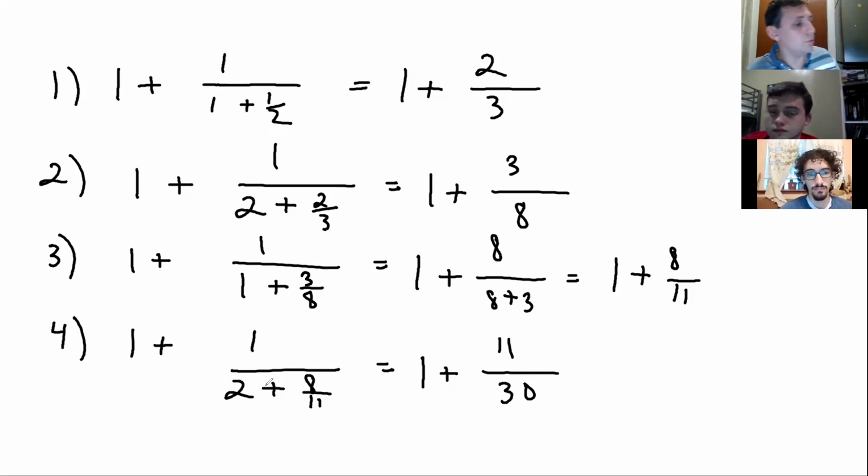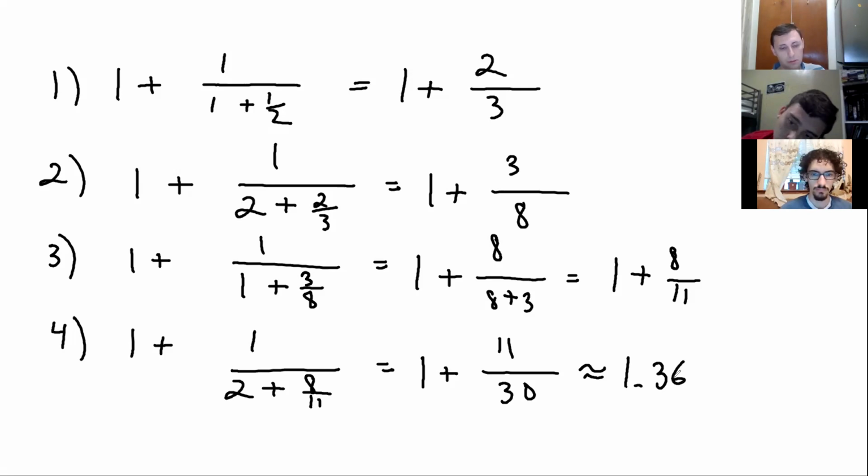Good. So what is that number? That number is approximately 1 plus 11 over 30, which is 1.36, whereas if I press root 3, okay, root 3.